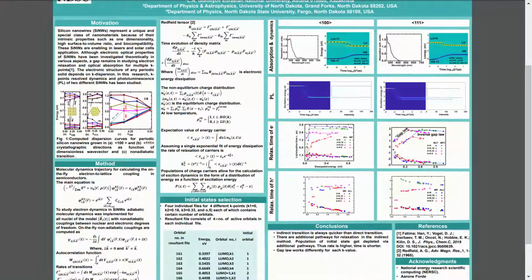So using these rates of transitions, we can calculate the rate field tensor. And using that rate field tensor, we can get the density matrix, where the... is there any pointer here?